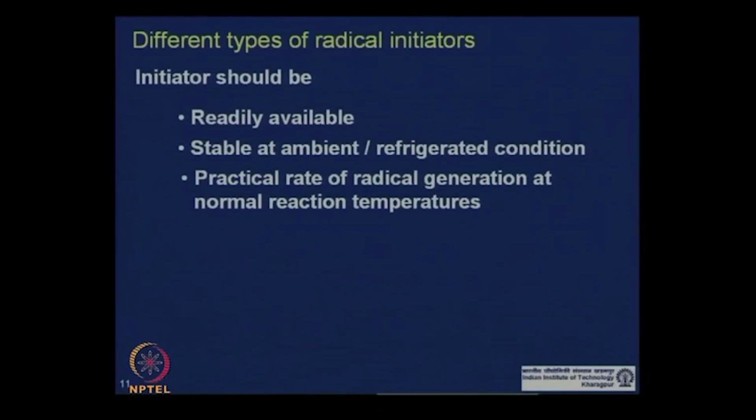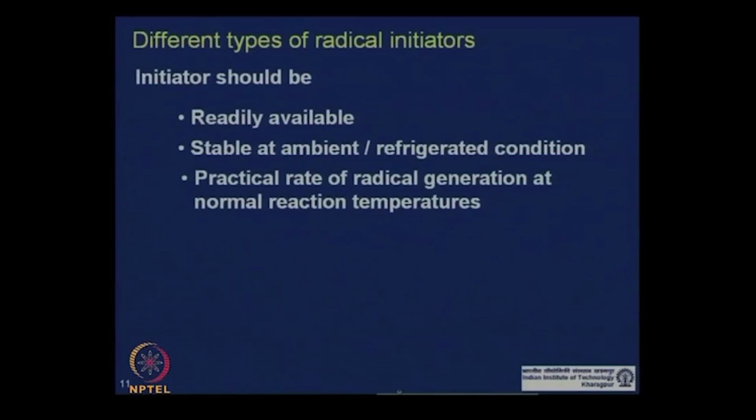So, the three criteria an initiator should fulfill. One is that it should be readily available, of course, especially for commercial application, and it should be stable at ambient condition. If you are storing it at room temperature, or even in a refrigerator, it should be stable in that condition. It should not generate radical under the condition of storage.